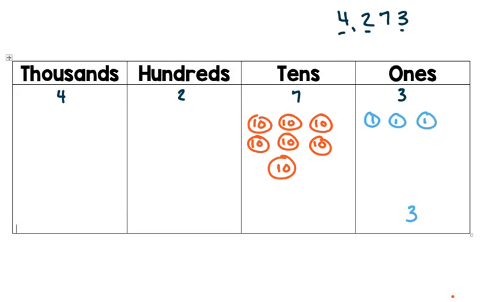Now I can count those by tens: 10, 20, 30, 40, 50, 60, and 70. So the value of the 7 in that number is 70.